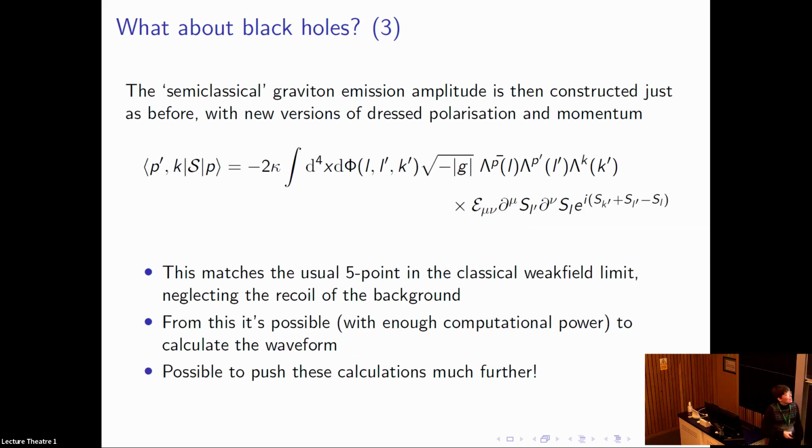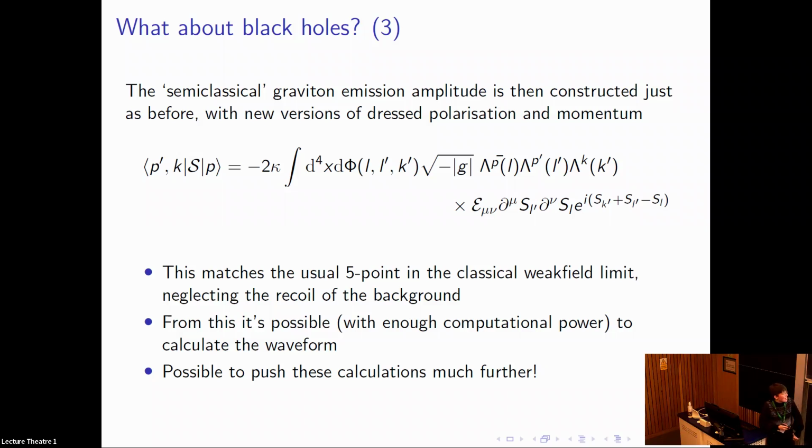And then once again, we throw it into the cubic part of the Einstein-Hilbert action, and we get this expression for the 3-point, where again we have some dressed versions of all of the flat space quantities. The complicated thing is that we have these weird matching functions, but okay.